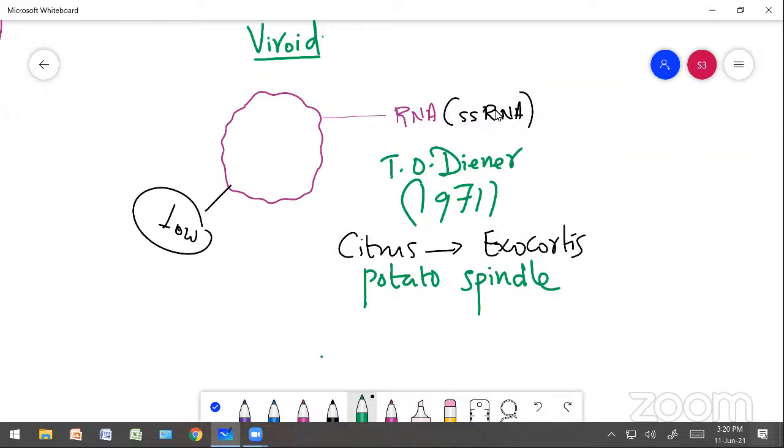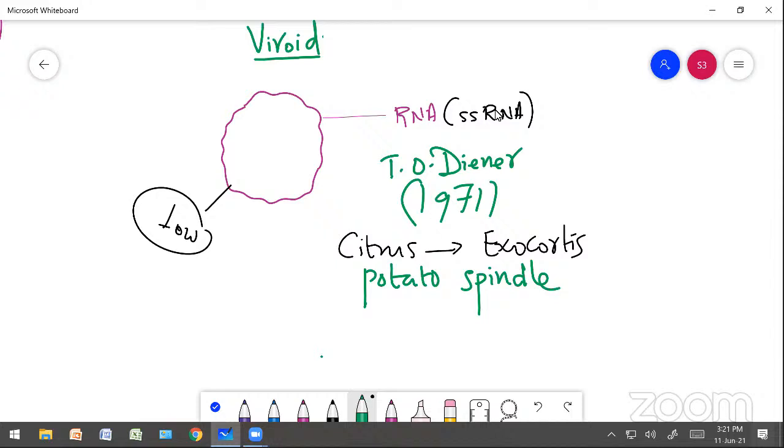So there are two diseases which are caused by viroid. They are citrus exocortis and potato spindle tuber disease. So the surface of the fruit is damaged by this type of viroid virus particle.